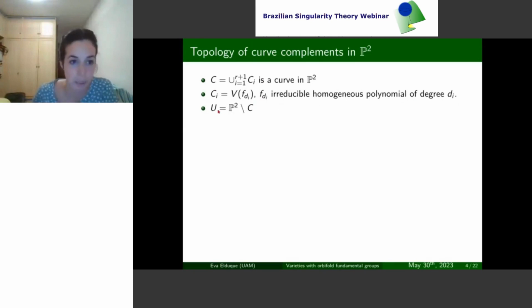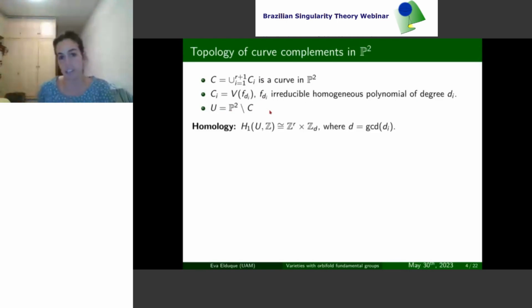And what we're going to be looking at is the complement of the curve in P2. The homology of this space is easy. It's just C* to the r, direct product with C mod D, where D is the greatest common divisor of all the degrees of all the curves. So it's very easy to compute, but it has no information about the singularities of the curve.